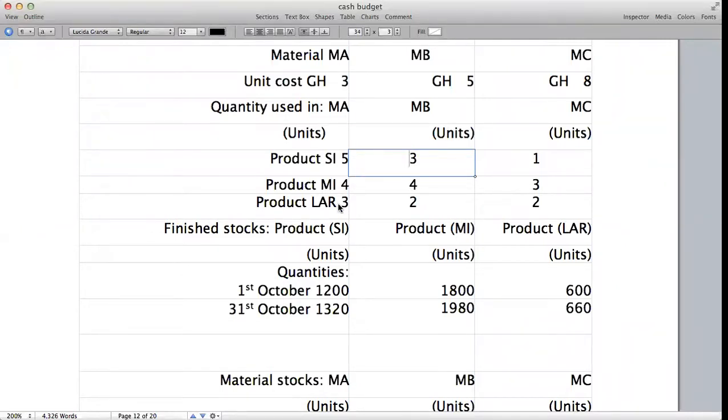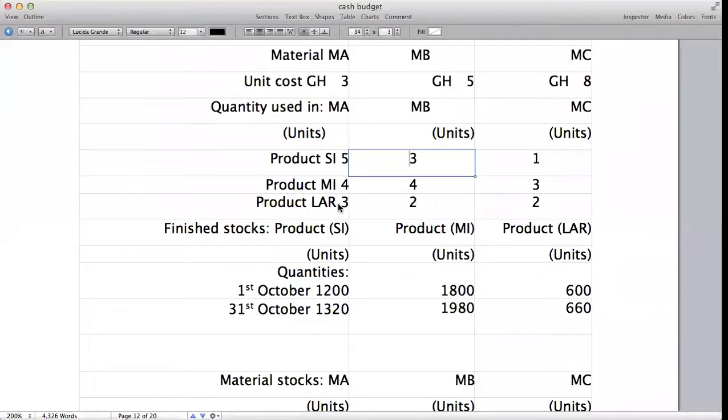So if I can write the pattern down, let's write the pattern down. Let me put MA here, MB, MC. Then it will be something like this: SI, MI, and then LAR.